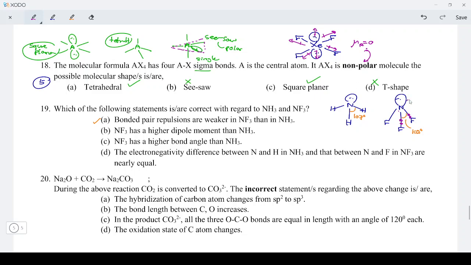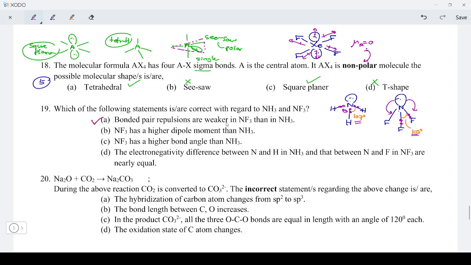Because of that, the lone pair will push these electrons. But if you check ammonia, nitrogen is more electronegative, so their bonded electron pairs are very close to each other here, so then they repel more. That's why the angle is higher. So with the angle we can understand that the first statement is true.